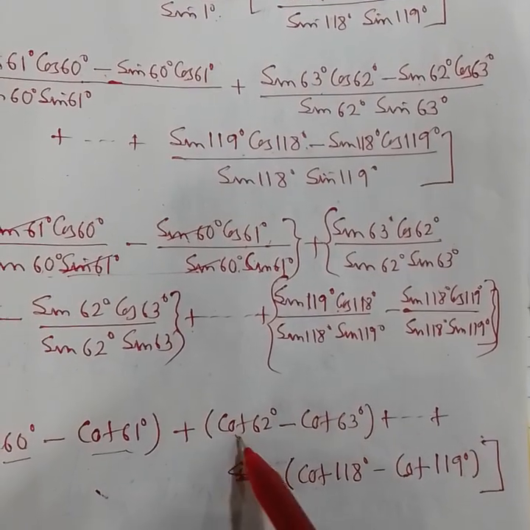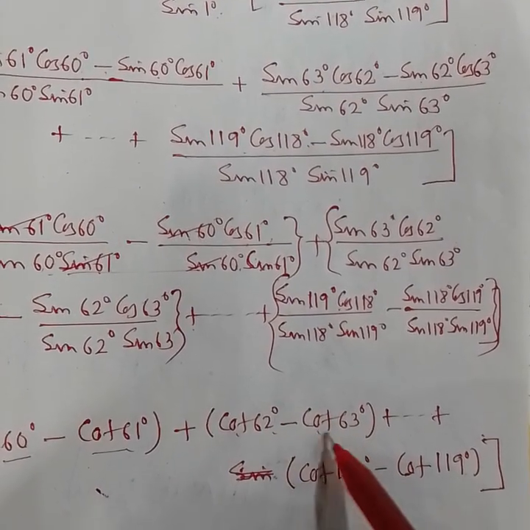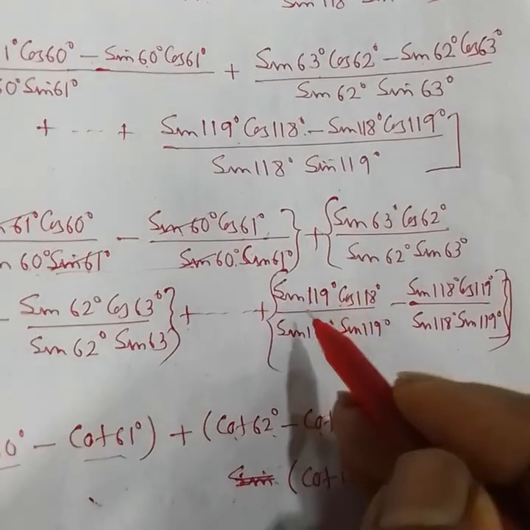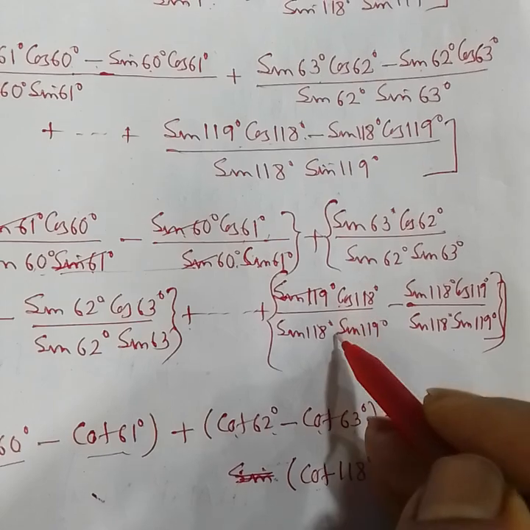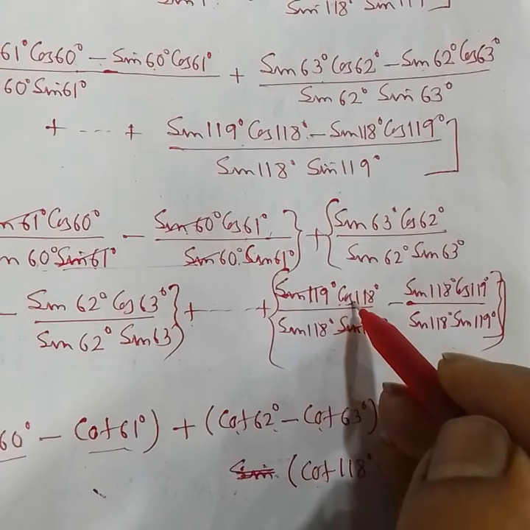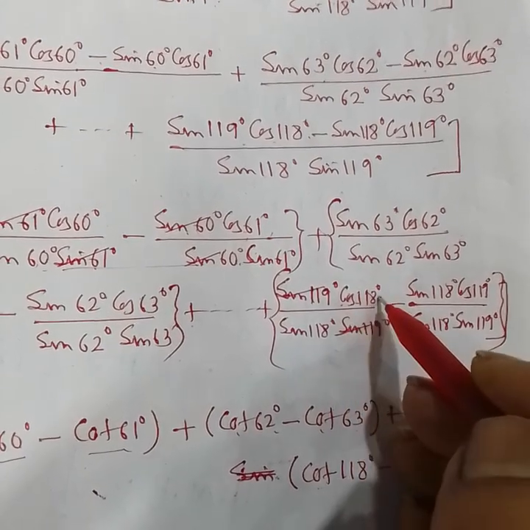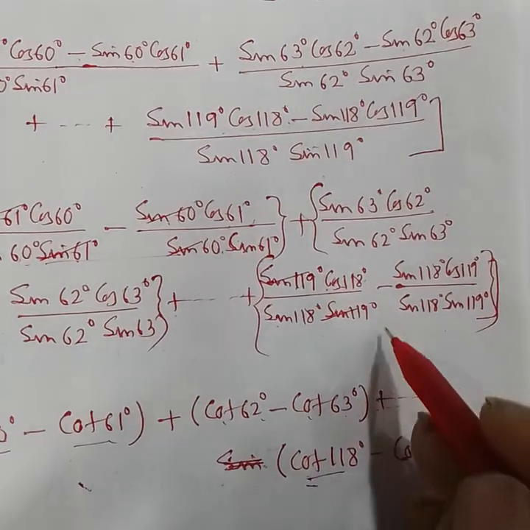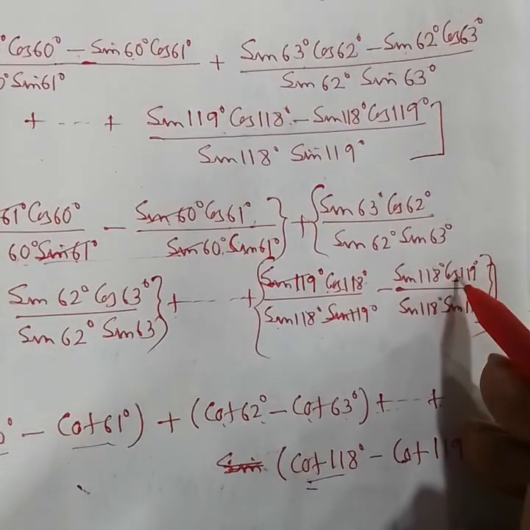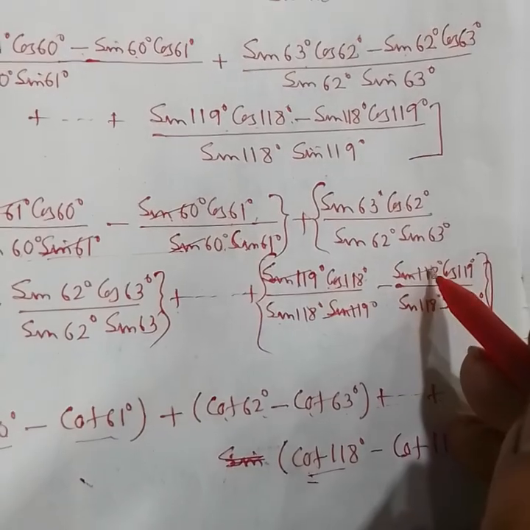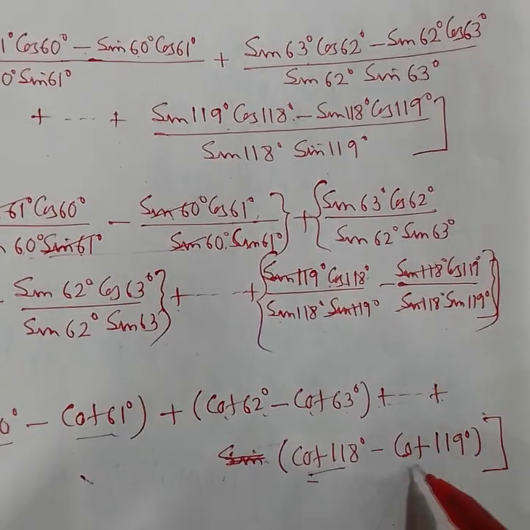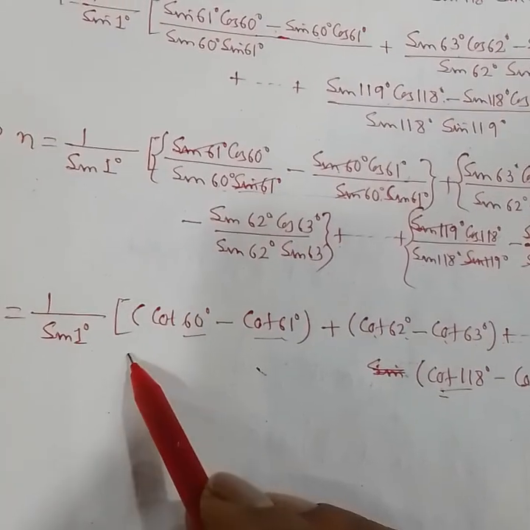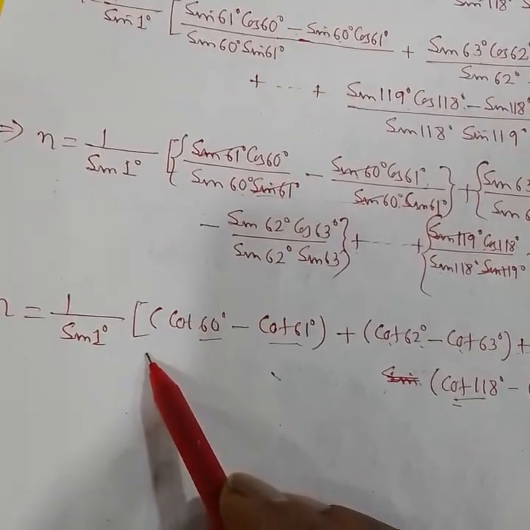For the next term, cot 62 degree minus cot 63 degree, and so on, and the last term will be, cancelling sine 119 degree with sine 119 degree, cos 118 degree by sine 118 degree, that means cot 118 degree, minus, cancelling sine 118 degree, cot 119 degree.